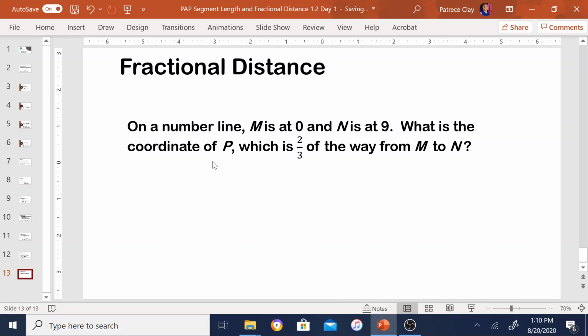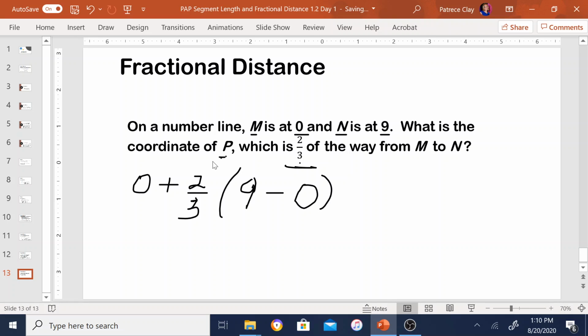One last one for us to do. Make sure we all got it. On the number line, M is equal to 0 and N is at 9. What is coordinate P, which is 2/3 of the way between M and N? So let's set up our formula again. So our first point is 0, plus our fraction 2/3 times our rightmost point, which is 9, minus 0.